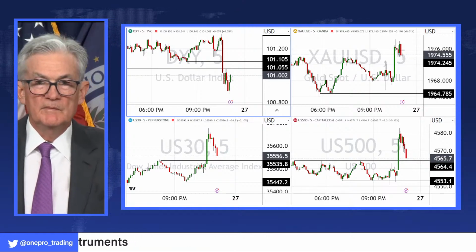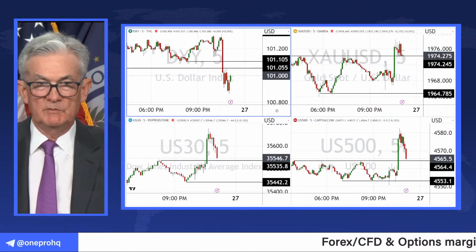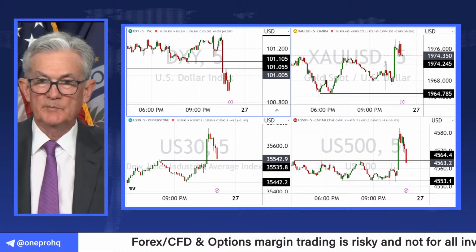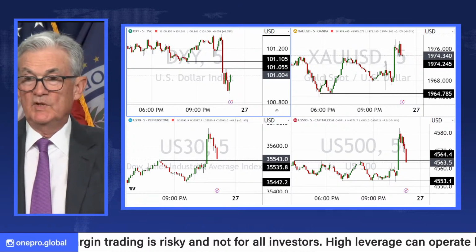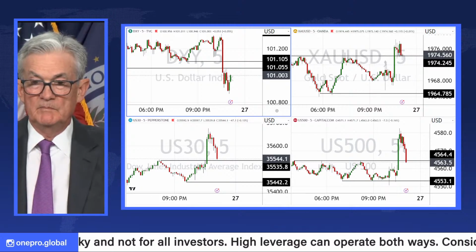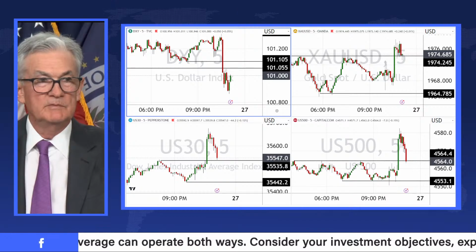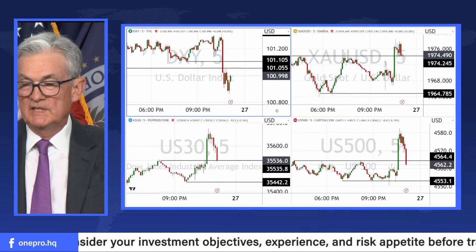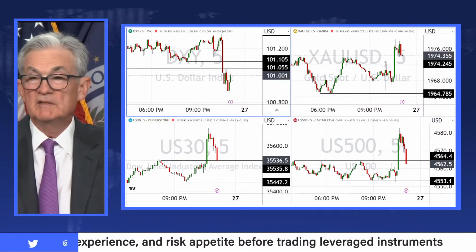So the idea that we would keep hiking until inflation gets to 2%, it would be a prescription of going way past the target. That's clearly not the appropriate way to think about it. In effect, if you look at our forecasts, the median participant, and again, these are forecasting out years, so take them with a grain of salt, but people are cutting rates next year because the federal funds rate is at a restrictive level now.